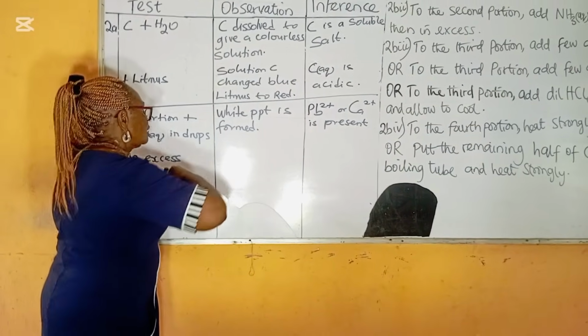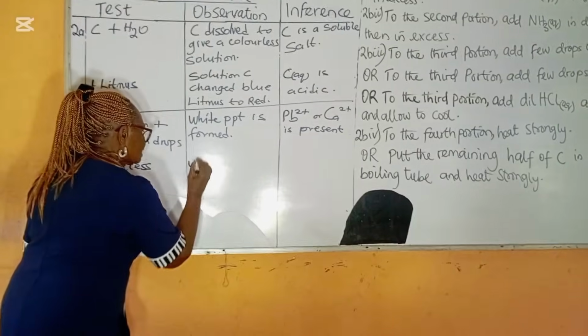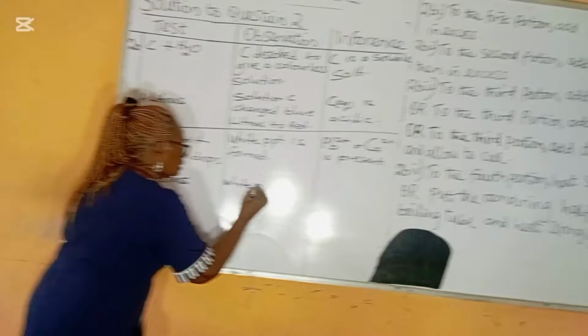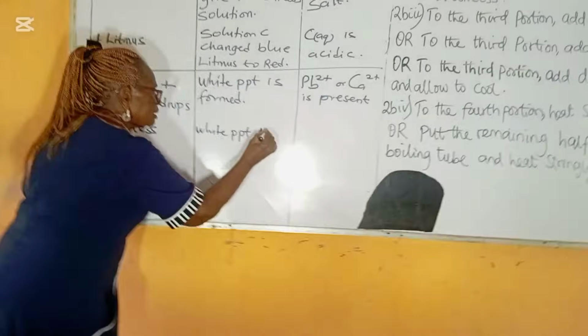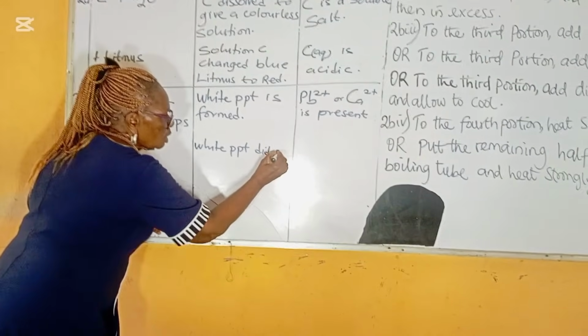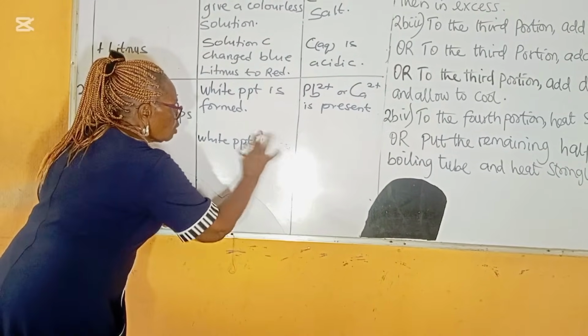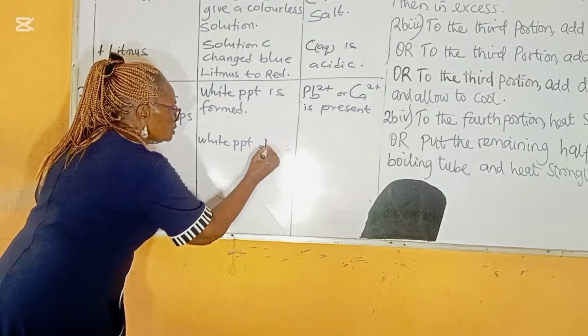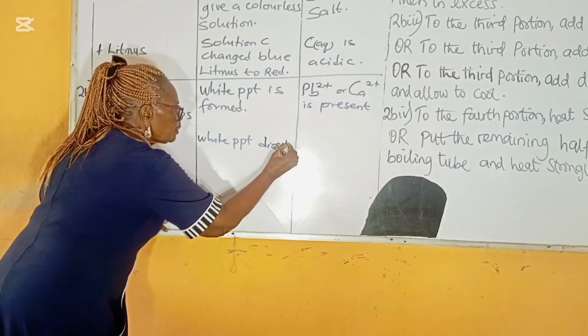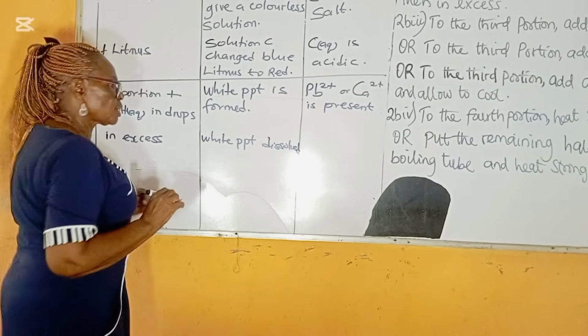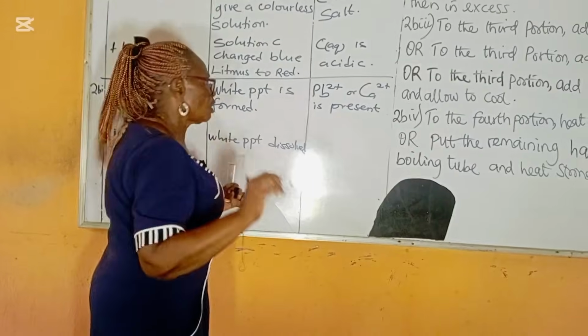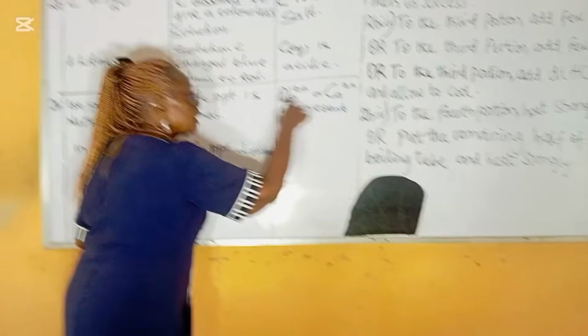What you say? You now say that white PPT dissolved. White PPT dissolved. That's what you're going to write. Because it dissolved, it's not calcium ion, but what?